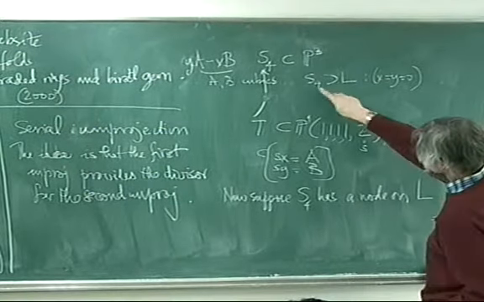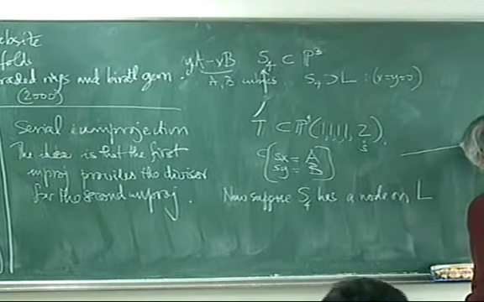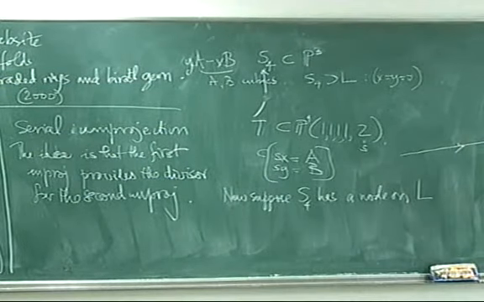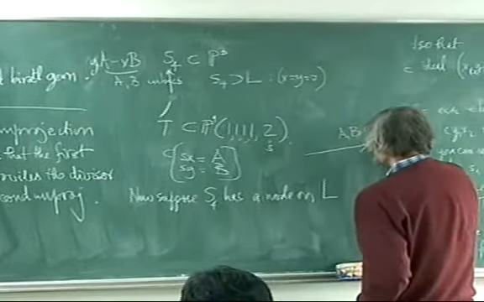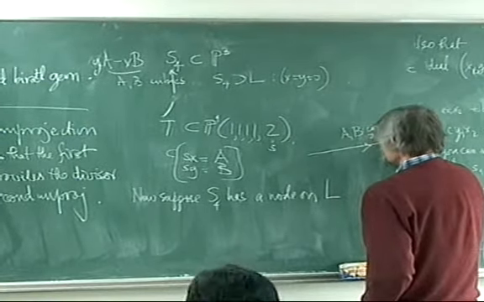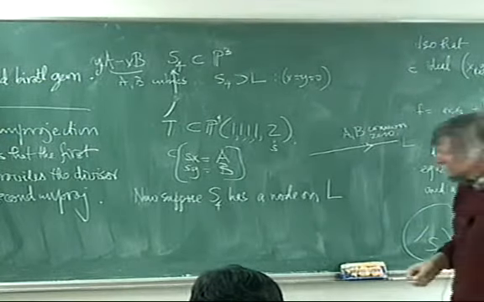So instead of being non-singular, suppose that here's my line L, and as it goes along, the surface S has a node. This means that A and B have a common zero. Yes.